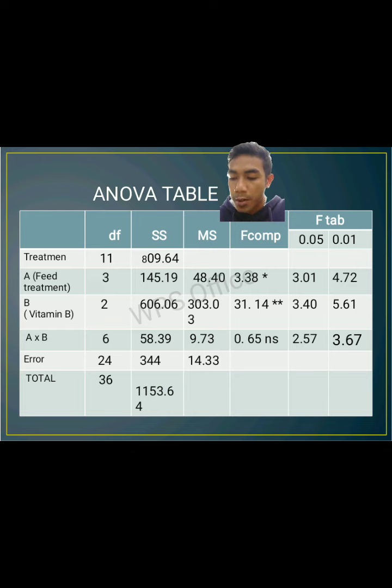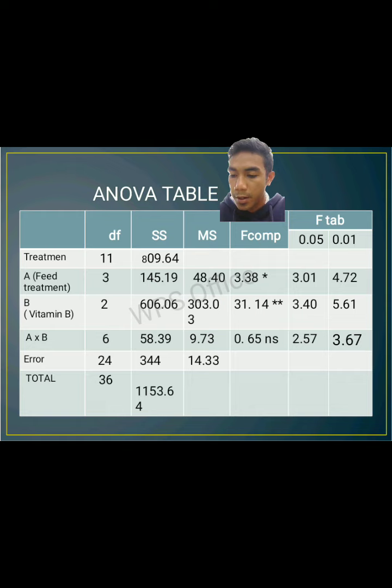B, or vitamin B, degrees of freedom is equals to 2. Sum of square is equals to 606.06. Mean of square is equals to 303. F computed value is equals to 31.14. F tab at 0.05 is equals to 3.40. F tab at 0.01 is equals to 5.61.